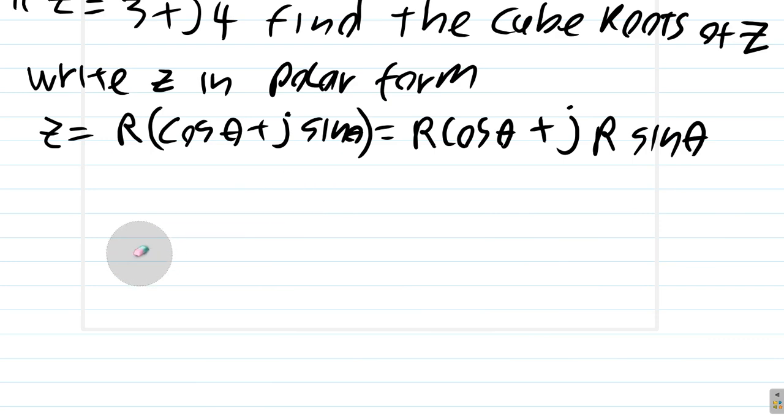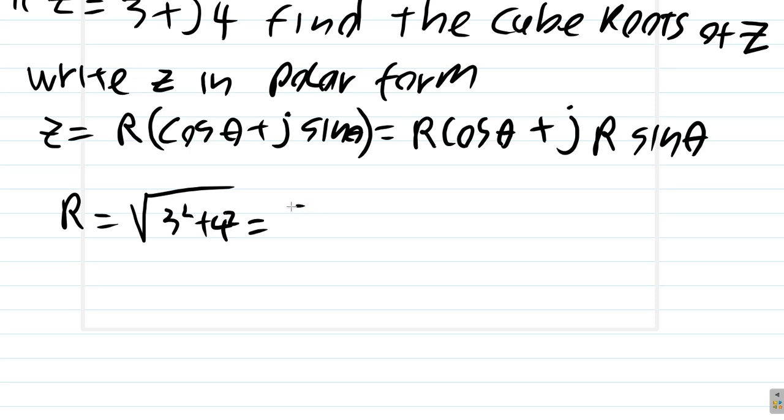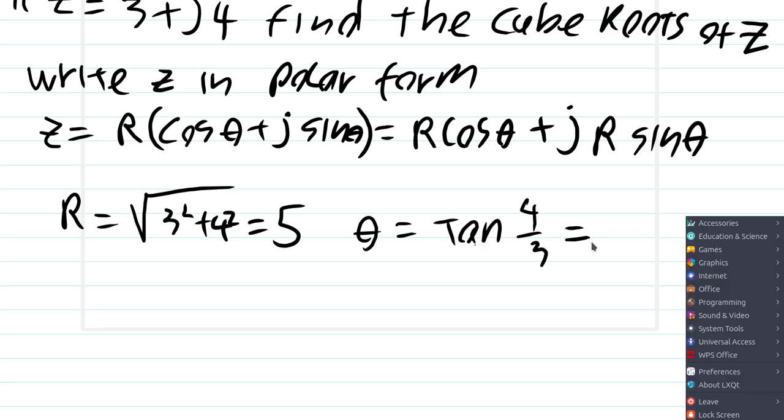But here now, r is the square root of 3 squared plus 4 squared. You're going to get 5. And tan theta is opposite over adjacent, y over x. So theta is tan inverse of y over x, which is 4 over 3.